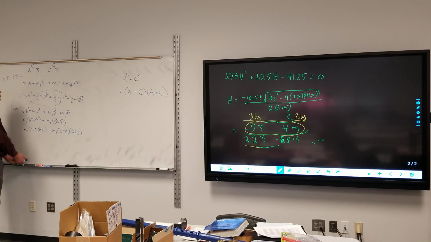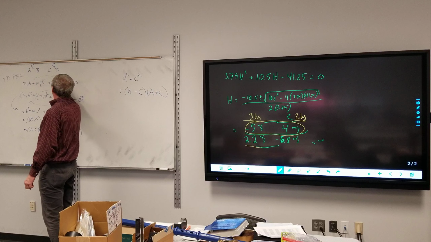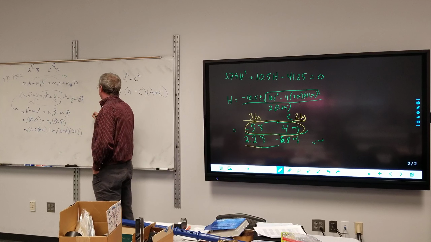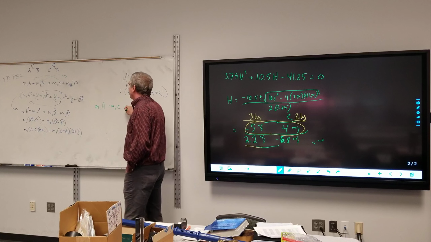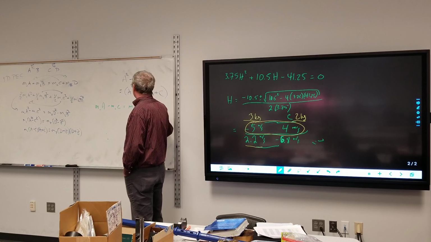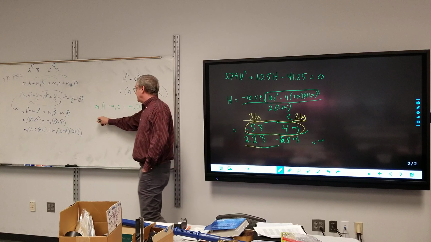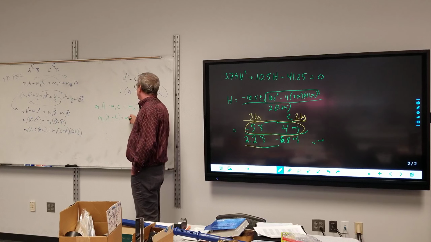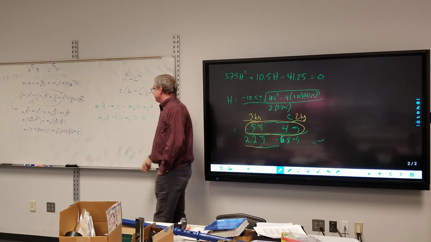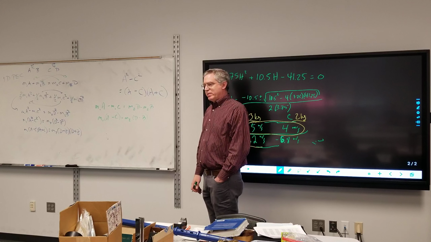We now take the momentum equation, and I'm going to do the same thing: bring that over to the left and this over to the right. So I get m1 a minus m1 c is equal to m2 d minus m2 b. Factor the masses out: m1 (a minus c) is equal to m2 (d minus b). That's just from conservation of momentum.